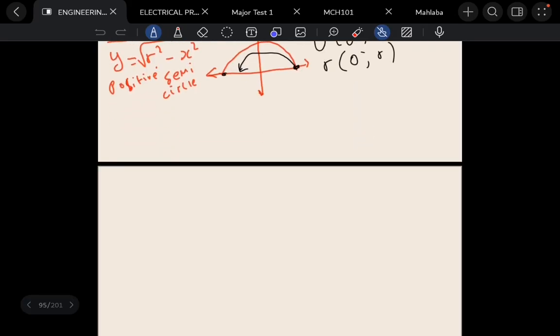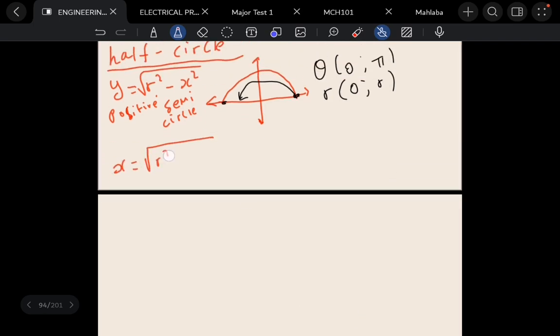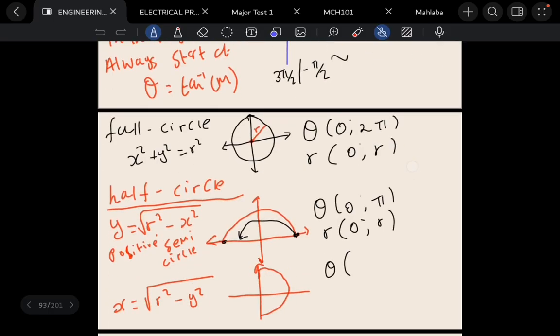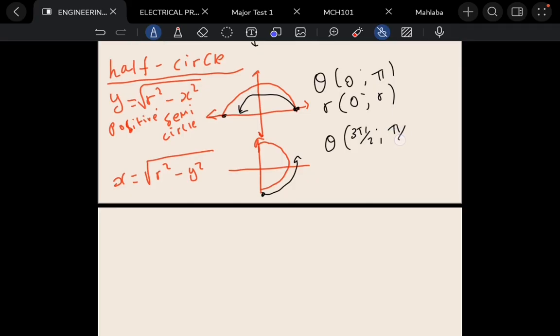And then if you have x equals the square root of r squared minus y squared, you actually have this side here. So your theta will start from 3 pi over 2, because we are always moving anti-clockwise from here to up there, which goes from 3 pi over 2 to pi over 2.